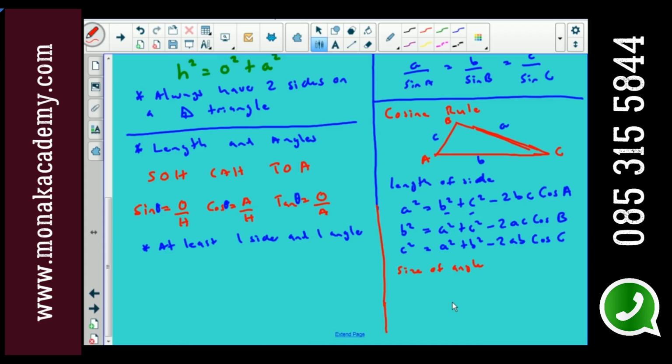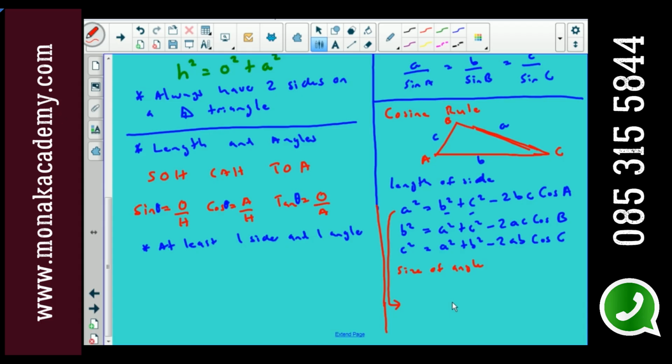So let's say we want angle A. What are we going to do? So angle A, as you can see, it comes from here. We want to leave cos A on one side and everything else on the other side. But as you can see in our formula there, our cos A is together with 2BC, right?